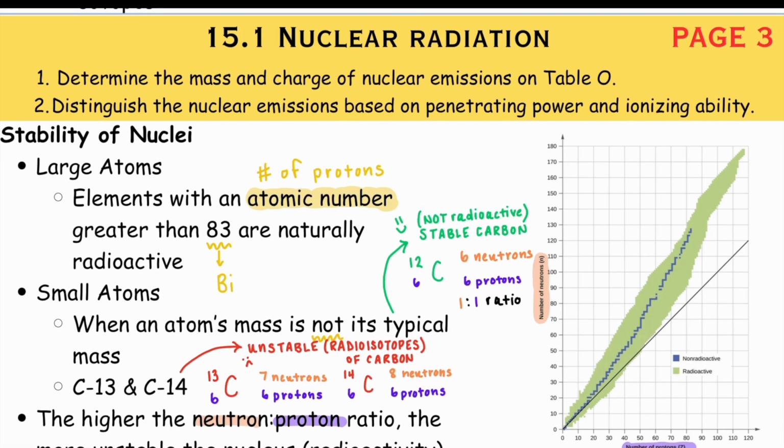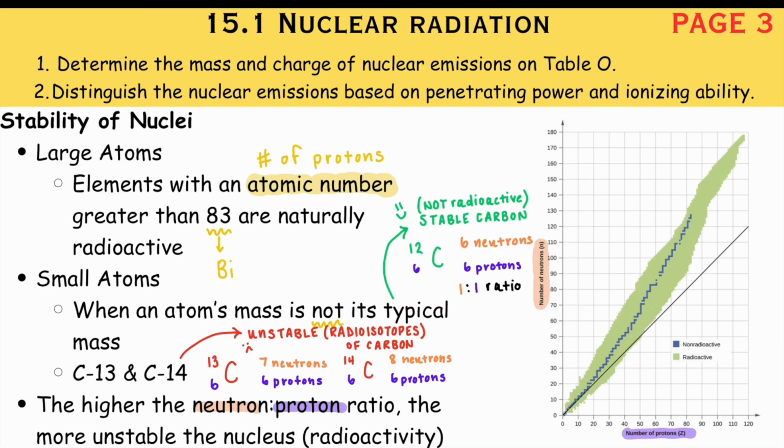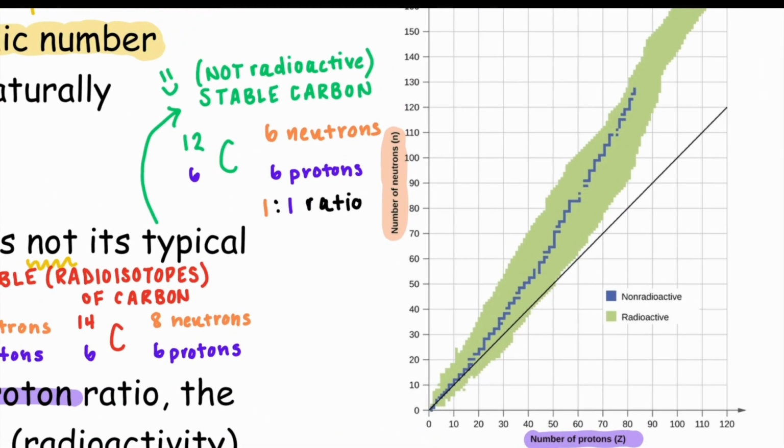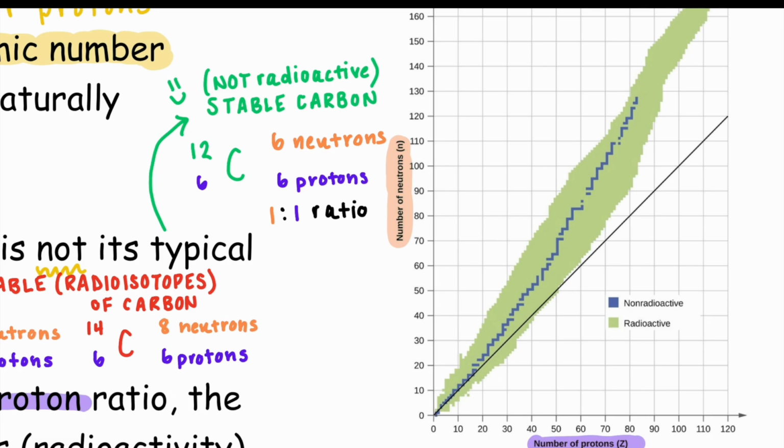Okay, so why are some atoms unstable and why are others stable? This all depends on the ratio of the neutrons to protons in the nucleus of an atom. The higher this neutron-proton ratio, the more unstable the nucleus will be. If we look at this chart over here, it shows a diagram of what those neutron-to-proton ratios could be and whether or not that atom is radioactive or non-radioactive.